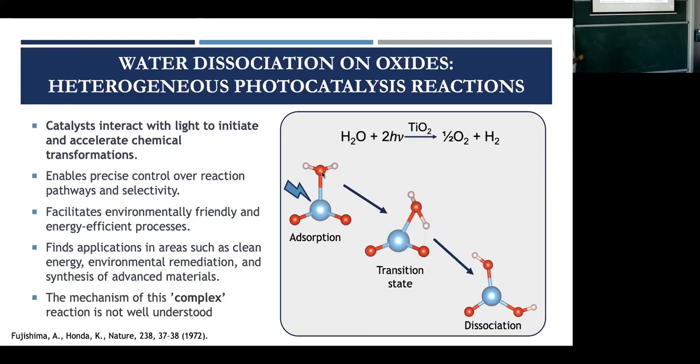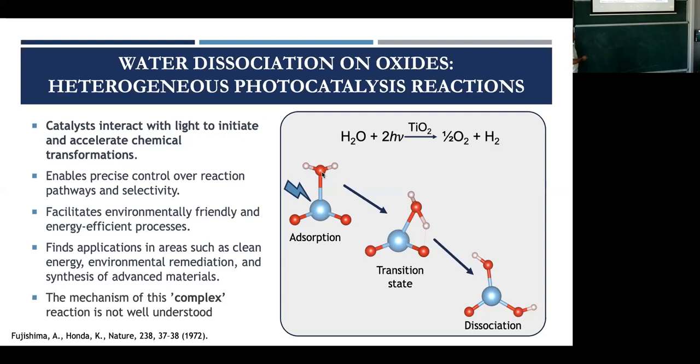We have one water molecule here, H2O, and this is TiO2. This is titanium, these two are oxygen atoms, and this is the oxygen atom of water, and these two are hydrogen atoms. And then here, this means light, and light excites the titanium dioxide, and this means that there is an interaction between these two systems. And this state is called the adsorption state.